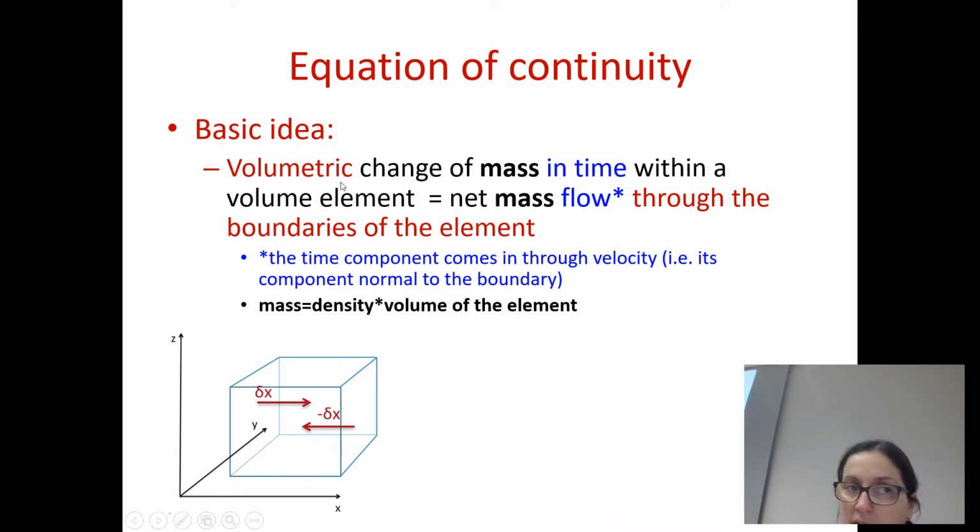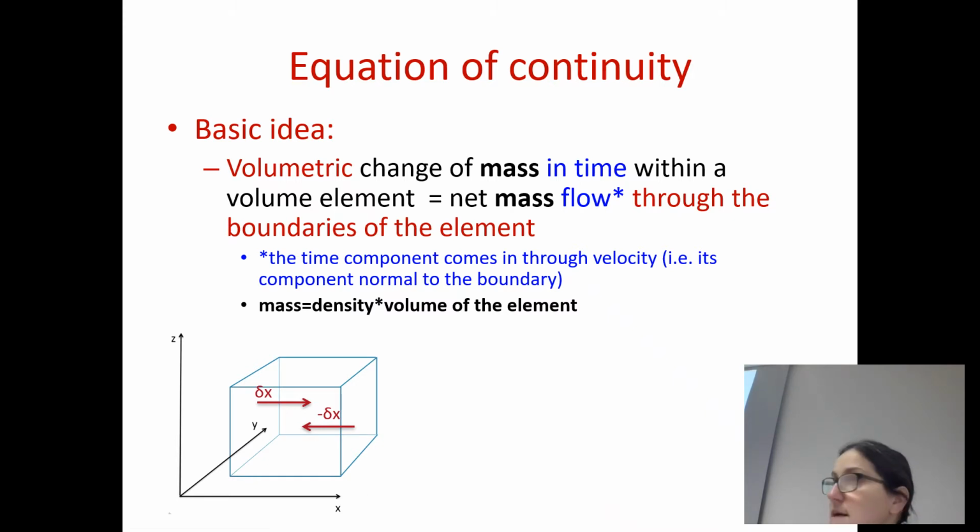The basic idea is that if I have a box like this, I want to account for the change of mass in that box. I have a fluid flowing. I know that I have a velocity field in a fluid of density rho moving through this box.